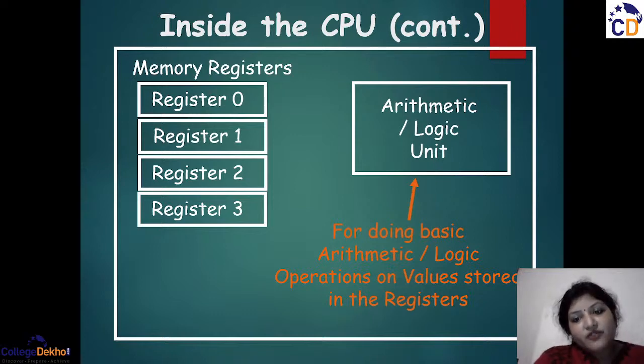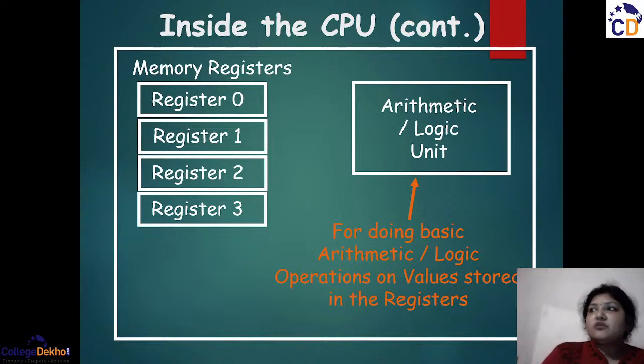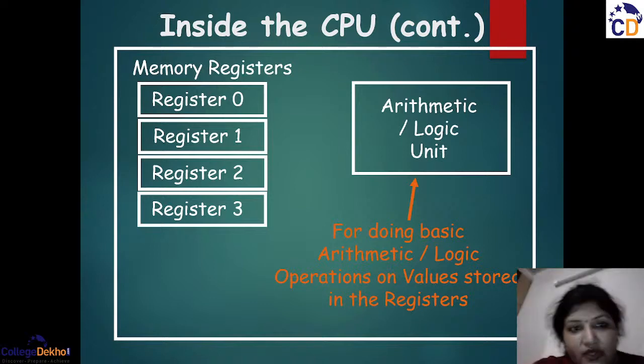The first unit performs the operations on values stored in the registers and stores the results in the registers, right? So we have memory registers, we have the first unit, that is the ALU, arithmetic and logic unit. The second unit we have is the control unit, and the third unit we have is the memory unit.